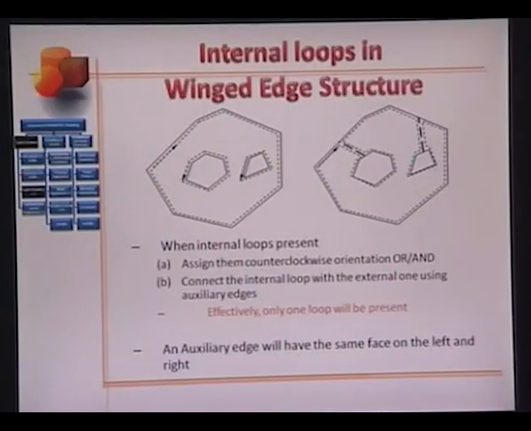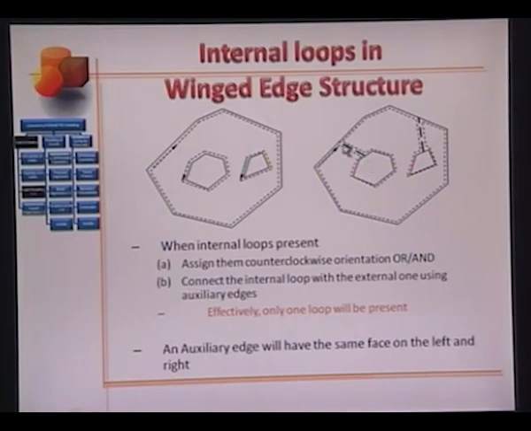Recall our discussion from the previous lecture on internal loops, and recall how we introduced auxiliary edges to merge the internal loops with the external one. This was the first auxiliary edge, and this was the second auxiliary edge. So remember what we are trying to do here.